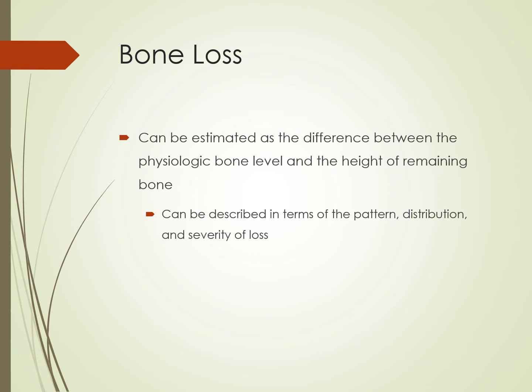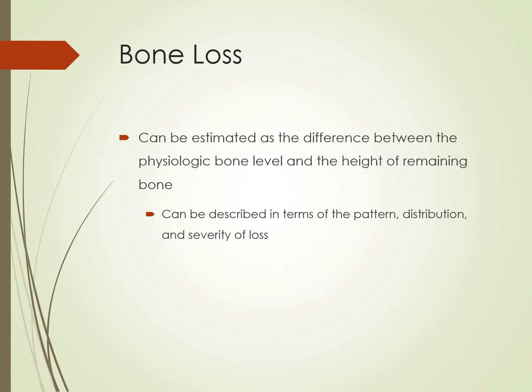Okay. And so what we're measuring here isn't how much bone is lost, but rather how much bone they have remaining. So it's not about glass half empty, right? It's glass half full. If they've lost half their bone, we're saying they have 7 millimeters worth of bone, not they have 7 millimeters worth of bone lost. And don't get me wrong, we're definitely going to talk about how much bone they've lost.